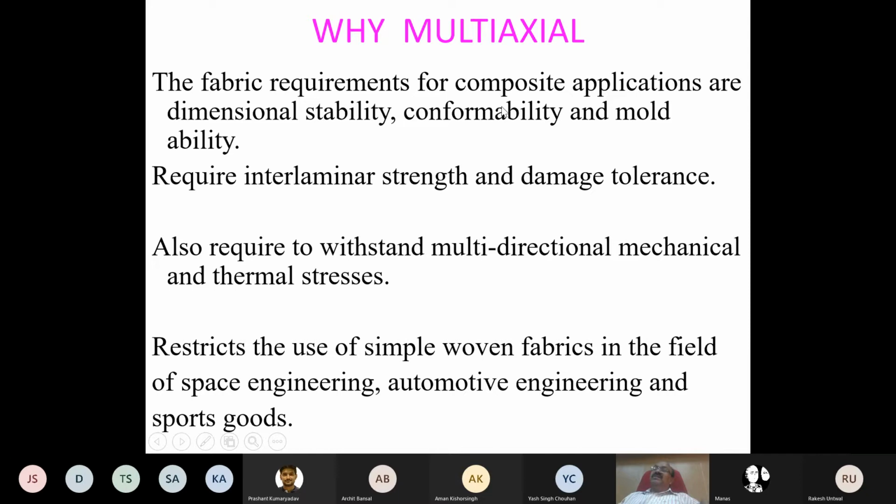I also discussed all these points during 3D fabric. Any preform, meaning the fabric which will be converted to composite material, must have these three basic characteristics: dimensional stability, conformability, and moldability. Then only the fabric can be converted to a composite material.